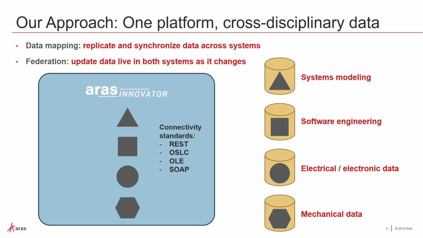The Aras Innovator platform offers built-in services to connect with data in external systems through a mix of synchronization and federation. This means the platform can store and synchronize data from those external software tools or display a live view into the data as it updates. Both approaches will be used throughout the demonstration.